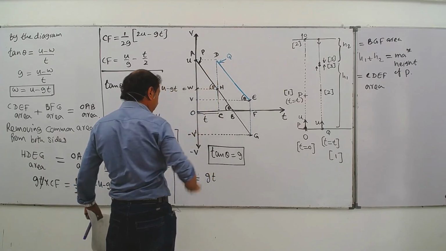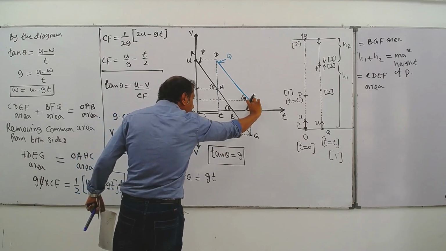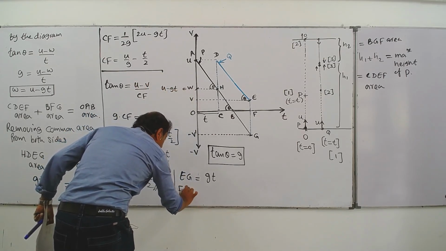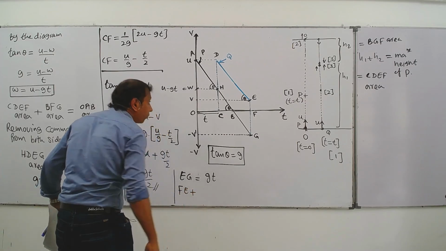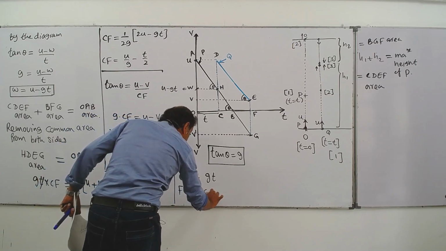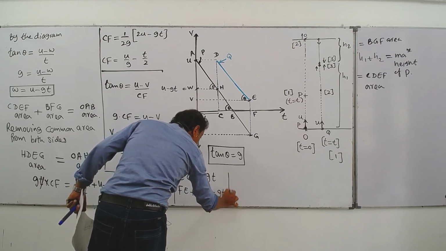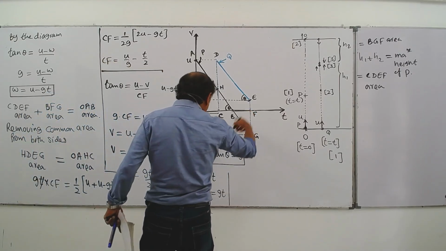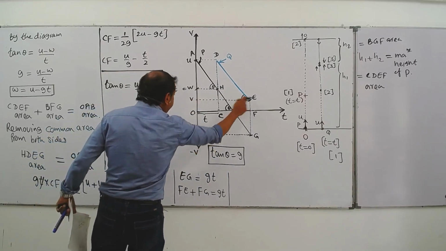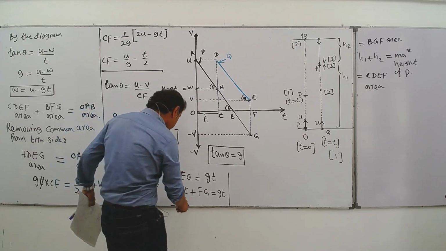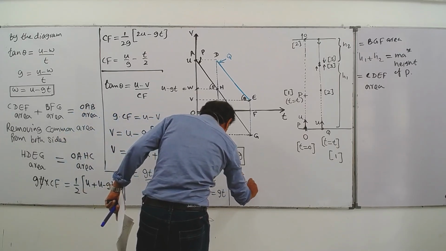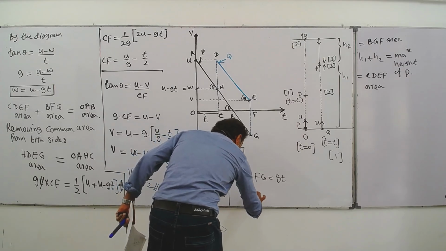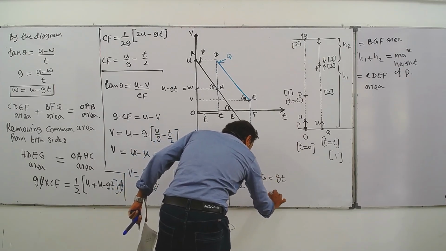But EG is one height plus the other height, FV plus FG equals GT. F is this V here, GT by 2. Put here GT by 2 plus FG equals GT. Taking FG to the right hand side, we get GT by 2.